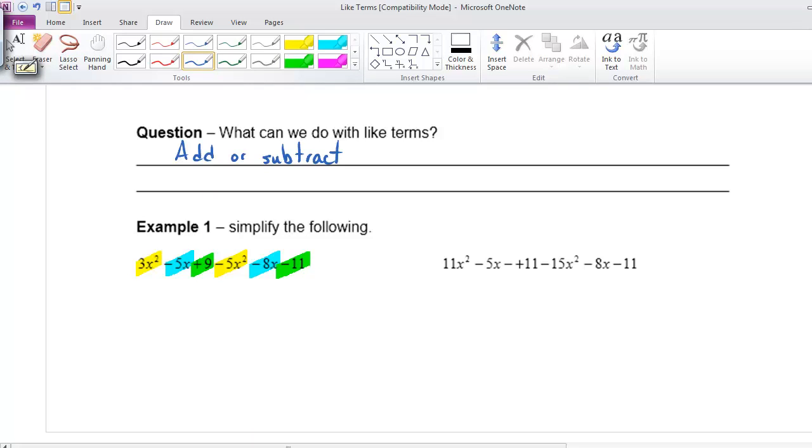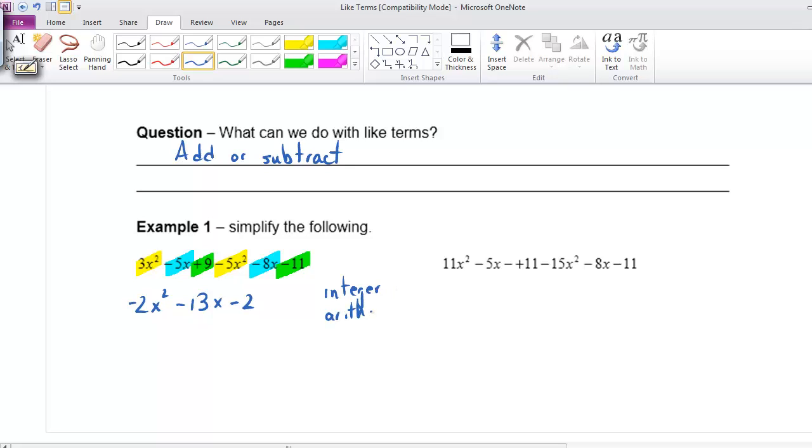And when I combine them, I get 3x squared minus 5x squared. Well, 3 minus 5 is negative 2, and I have x squared. I have negative 5x minus 8x, which is negative 13x, and I have 9 minus 11, which is negative 2. So some of the things we have to also be aware of is integer arithmetic.